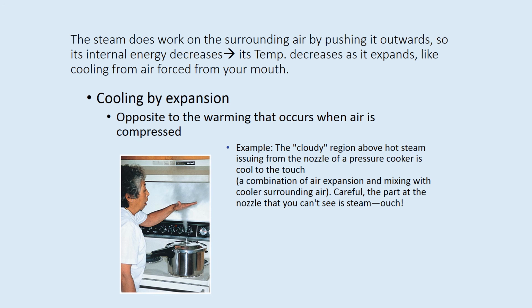The same thing happens in a pressure cooker, where there's a narrow jet of steam that's allowed to escape through the top of the cooker. And when this very hot steam comes off of the cooker, it will expand by pushing the stagnant air around it further away, allowing the steam to expand.